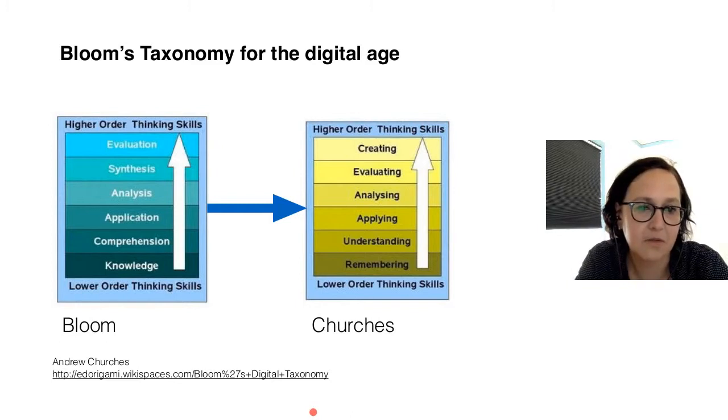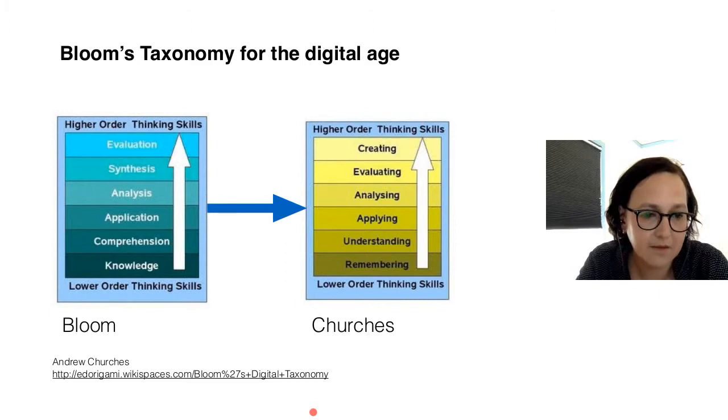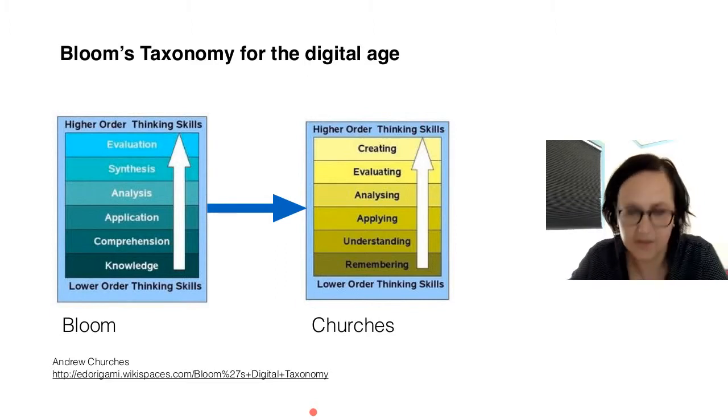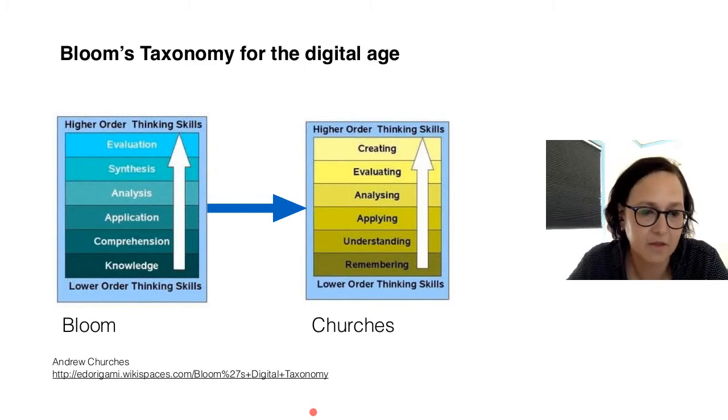We see here two layers of the taxonomy from Bloom, the blue one. You have nouns, from knowledge to evaluation. Knowledge is the most basic form of learning, that you just learn stuff to know it. And Churches did not take other nouns, but he just took verbs. So in Churches' idea of this model, or adaptation, I should say, it is already activated in a way.